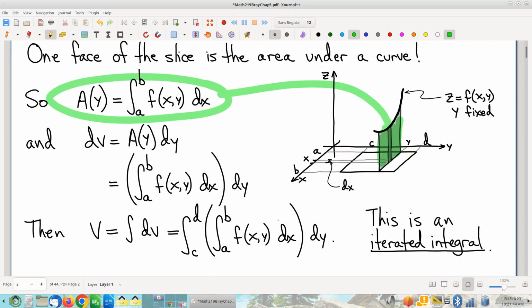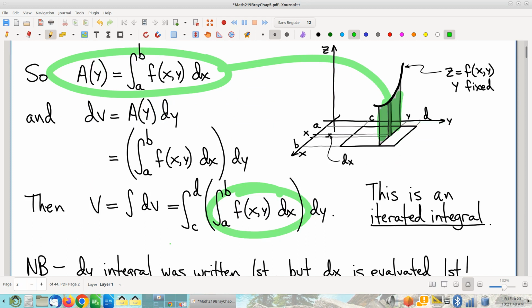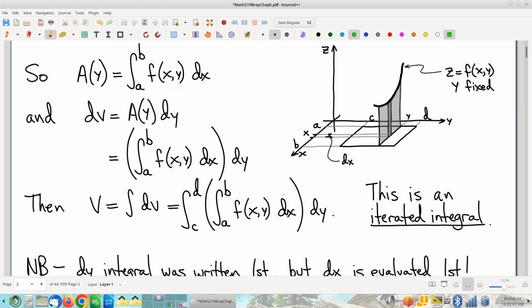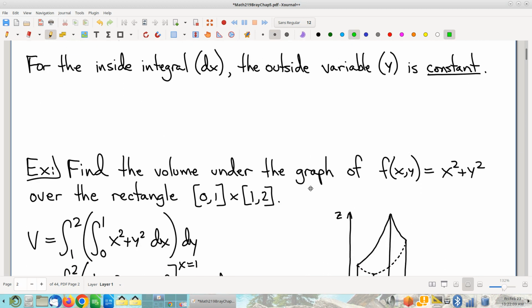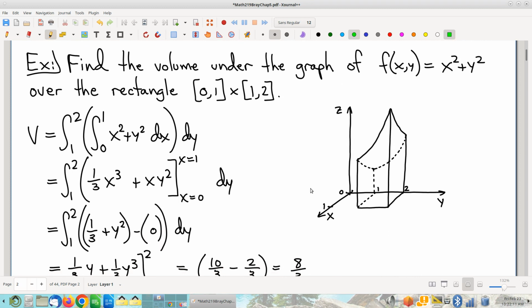And so our cross-sectional area, sure, it's not a garden variety geometric figure from early high school geometry class, but it nevertheless is something we do know how to compute the cross-sectional area of. So, boom, iterated integrals are the result.